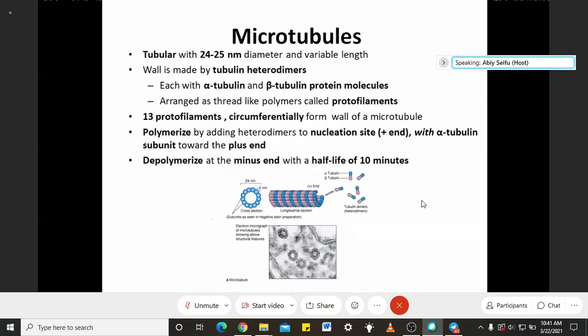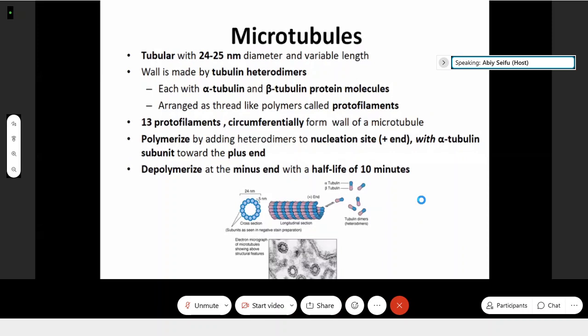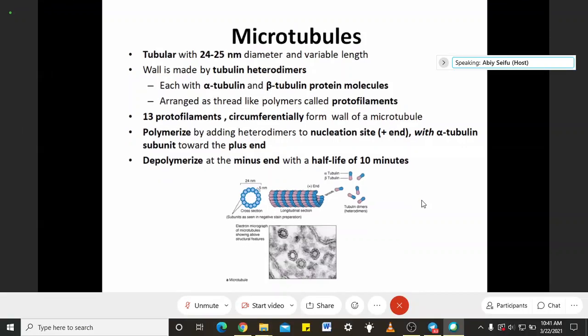I have been telling you last time as well as today that within cells there are vesicles to be transported. We said, for example, proteins are produced initially in the rough endoplasmic reticulum. Then we said this would be transported as vesicles to the Golgi apparatus. But we didn't say how this transportation takes place.